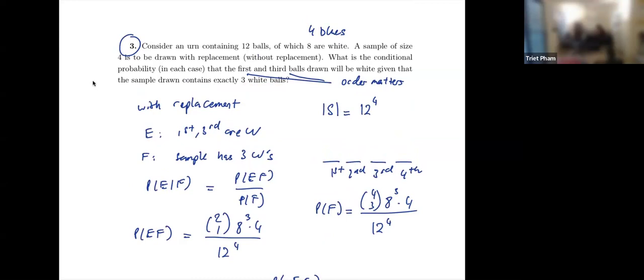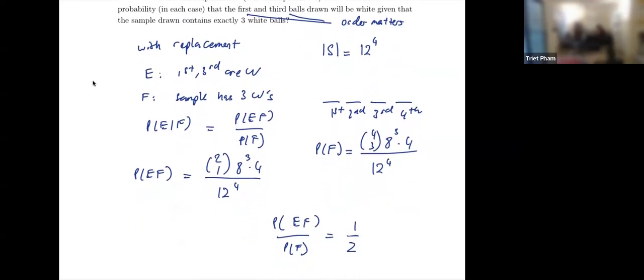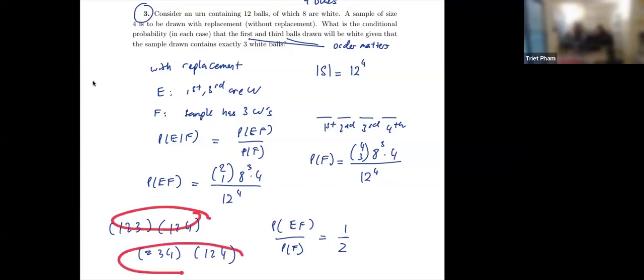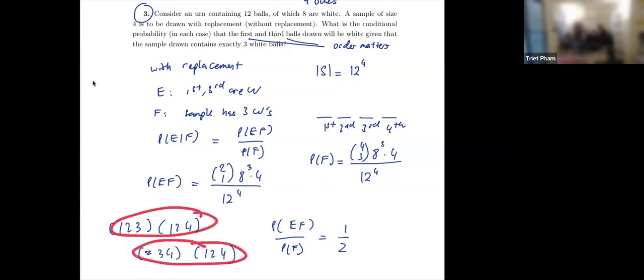So if you just look at 3 whites, what possibilities are there? 1, 2, 3; 1, 2, 4; 2, 3, 4; and what else? These are the positions where the 3 whites can happen. Agree? And all of these are equally likely because you don't see any favor around these positions. So this is like your F, your new sample space. These are the positions of the 3 whites.